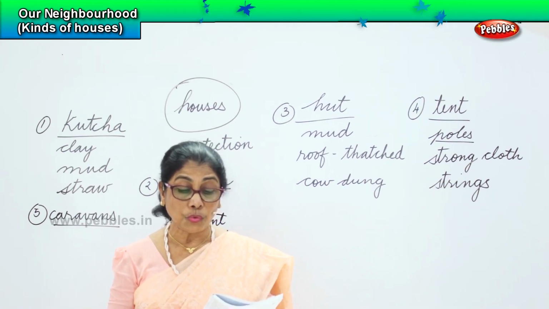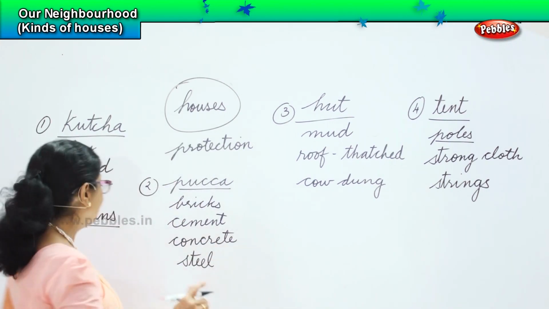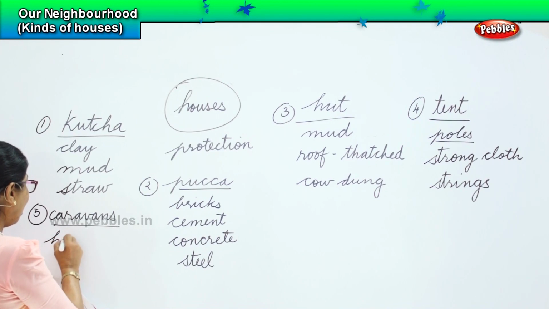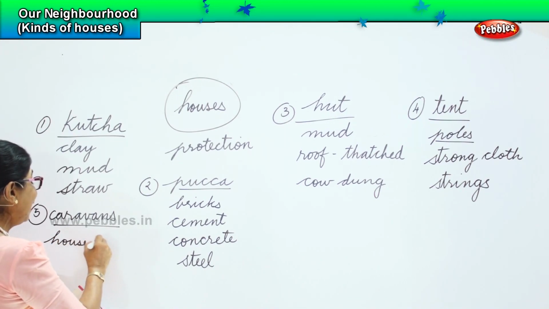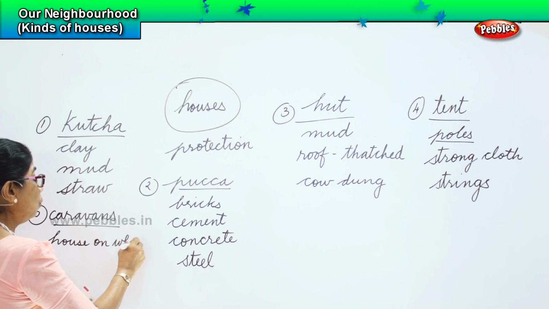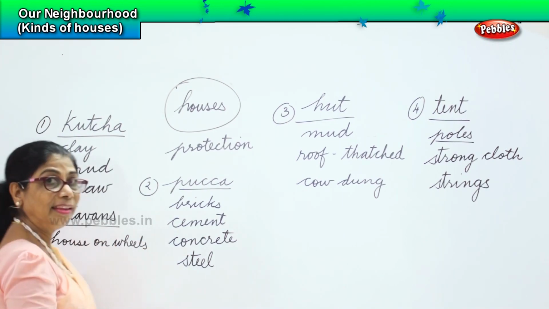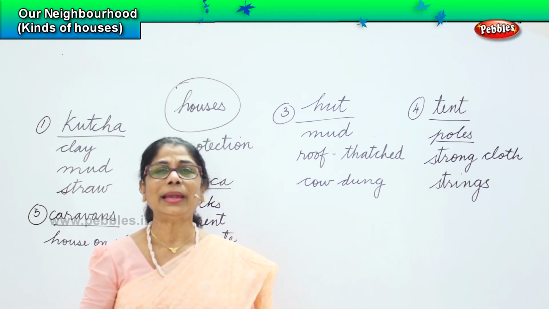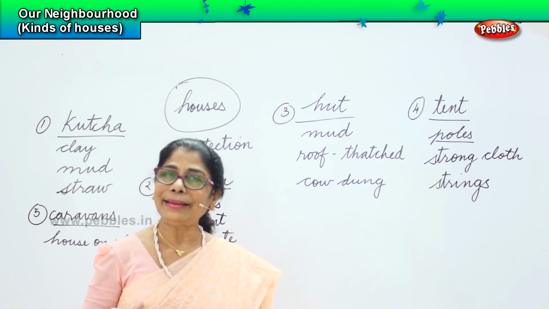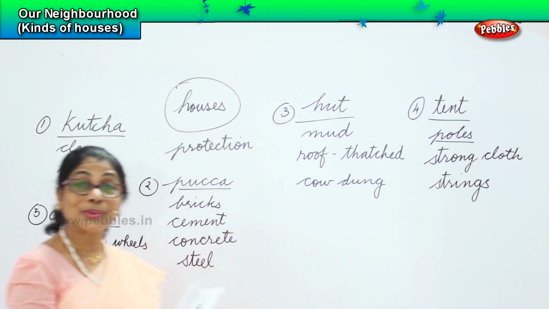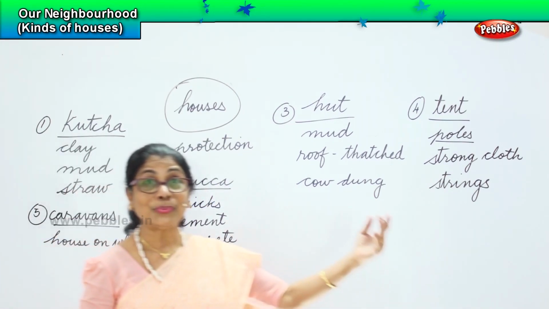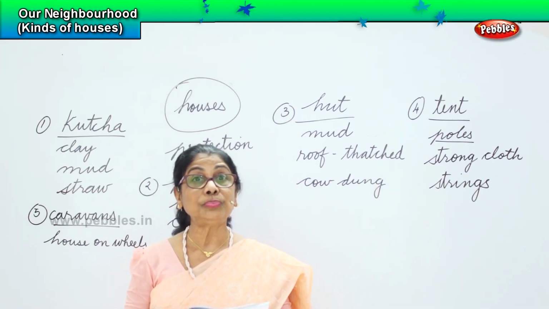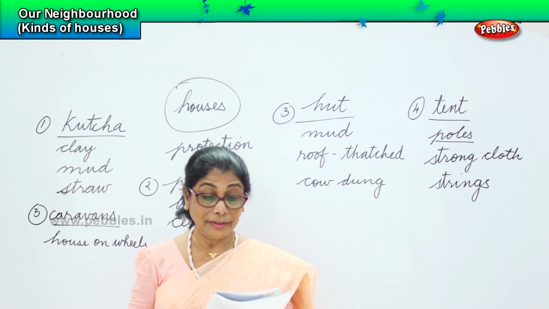They can sleep, they can eat, they have a kitchen, toilet, everything is inside, and they can move from city to city. Most gypsies have caravans and live in caravans.